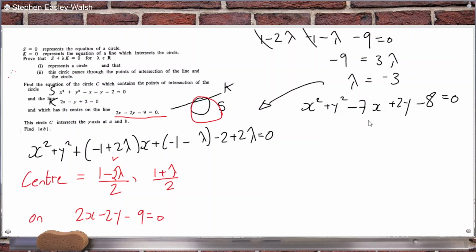Okay, the circle C intersects the y-axis at A and B. Find the distance. Okay, let's see. Find where it crosses A and B, basically. Oh, it's two quadratics, fine. So if we let x equals 0, we get y squared plus 2y minus 8 equals 0.